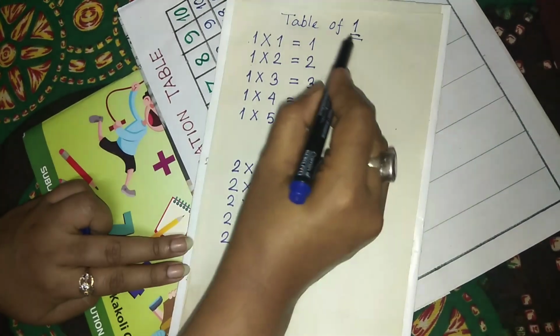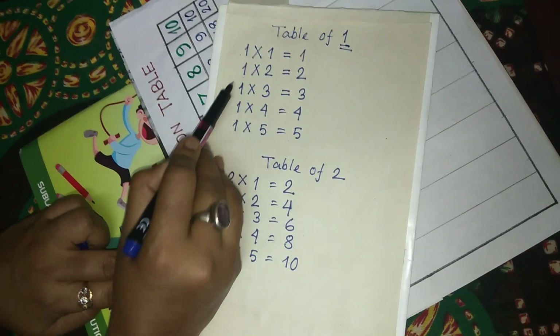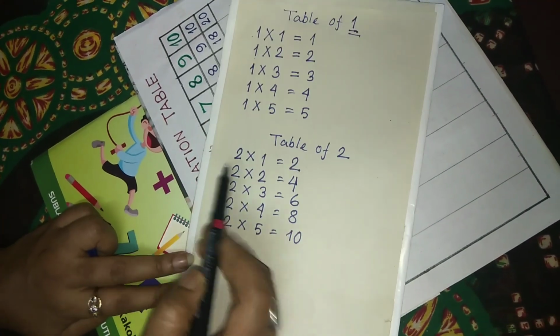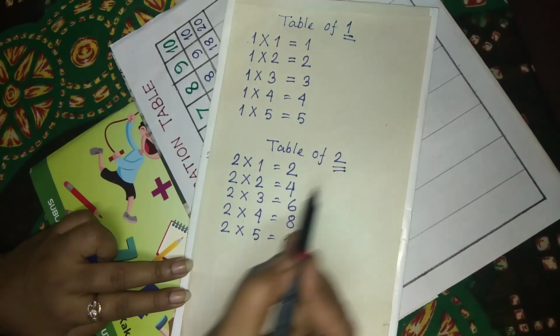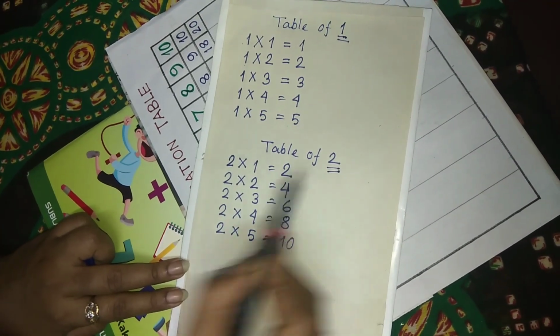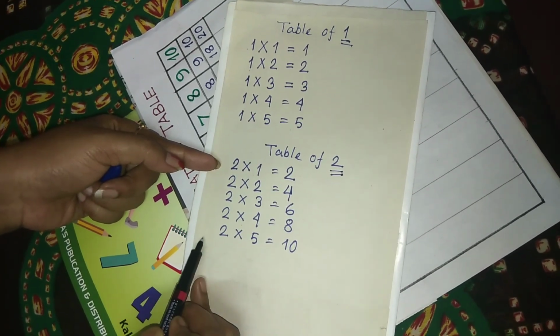Here I have written 1, so I am keeping 1 on the left side only, 1, 1, 1, like this. And next, for the table of 2, I am writing here 2, 2, 2, like this.